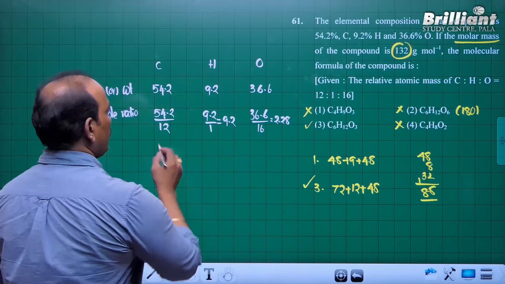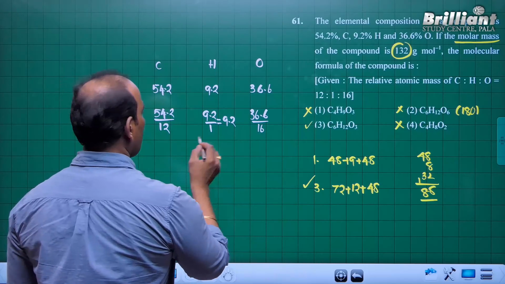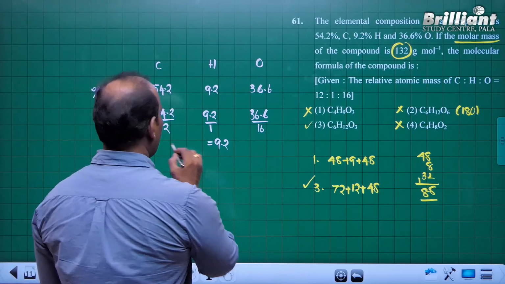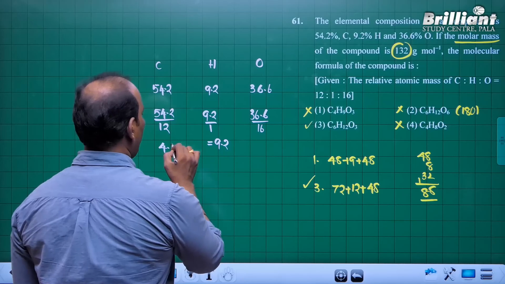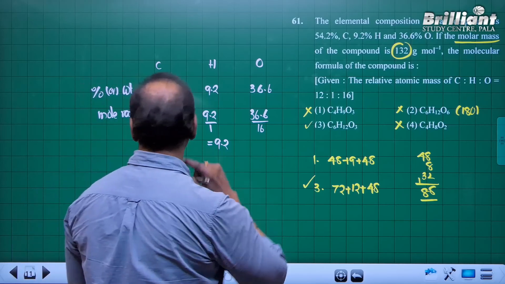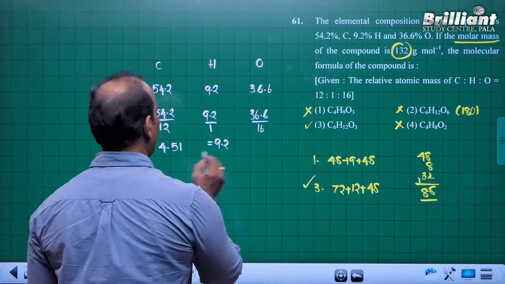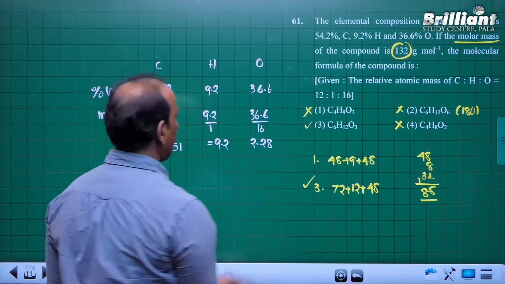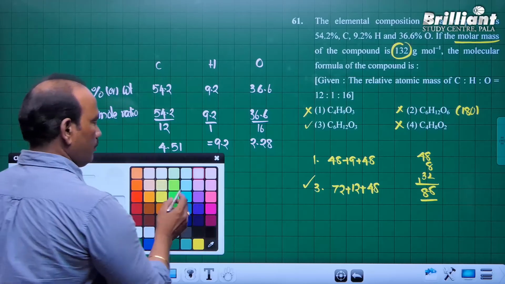This is 9.2, this is 2.28, and then this is around 4.51, which is double. 2.28 is the least value.